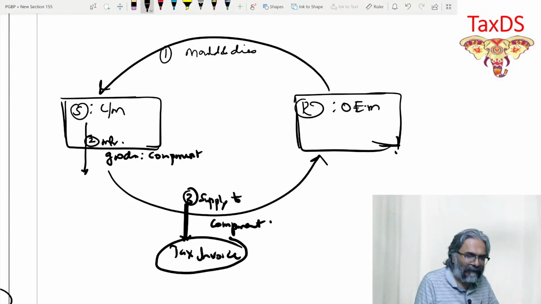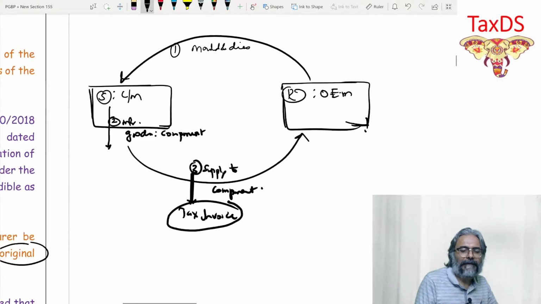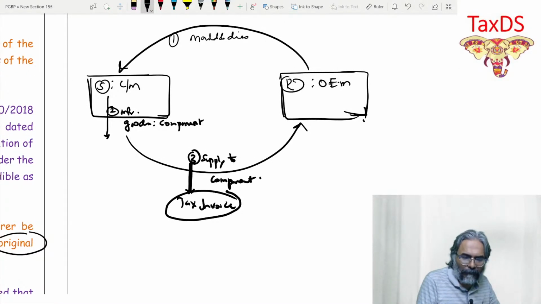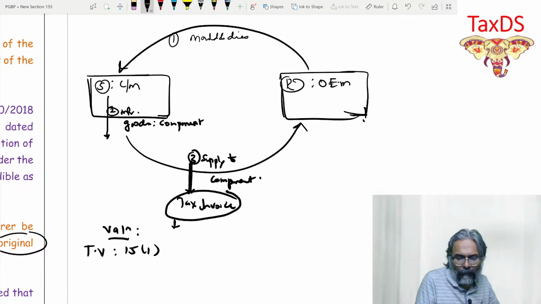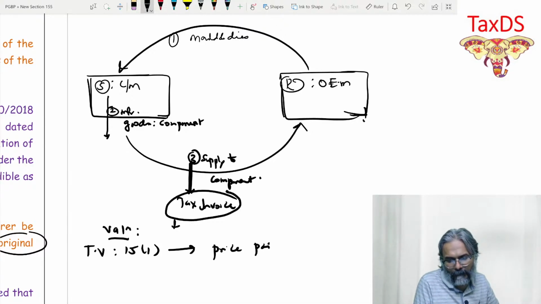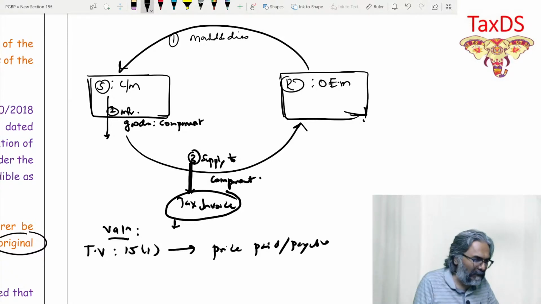Now, when you talk about valuation, there would be a transaction value under Section 15: the price paid or payable, what is charged.